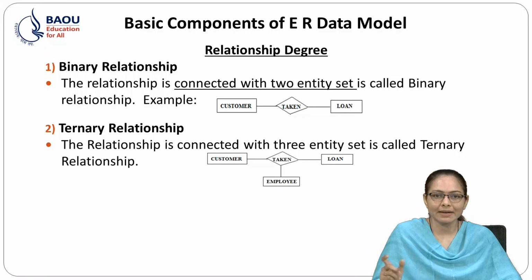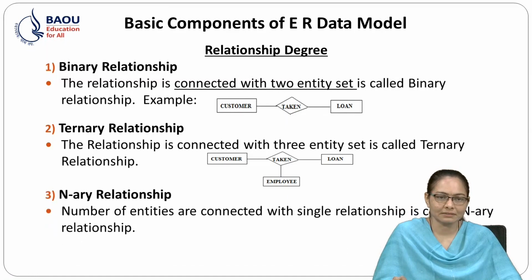So the customer entity set, employee entity set and loan entity set are connected with the relationship taken. Thus here three different entities participating in a single relationship is called the ternary relationship.